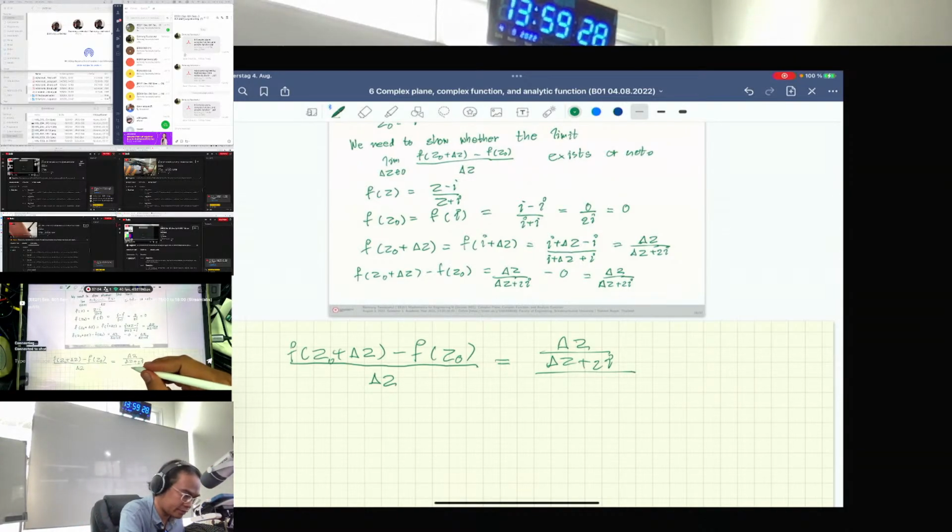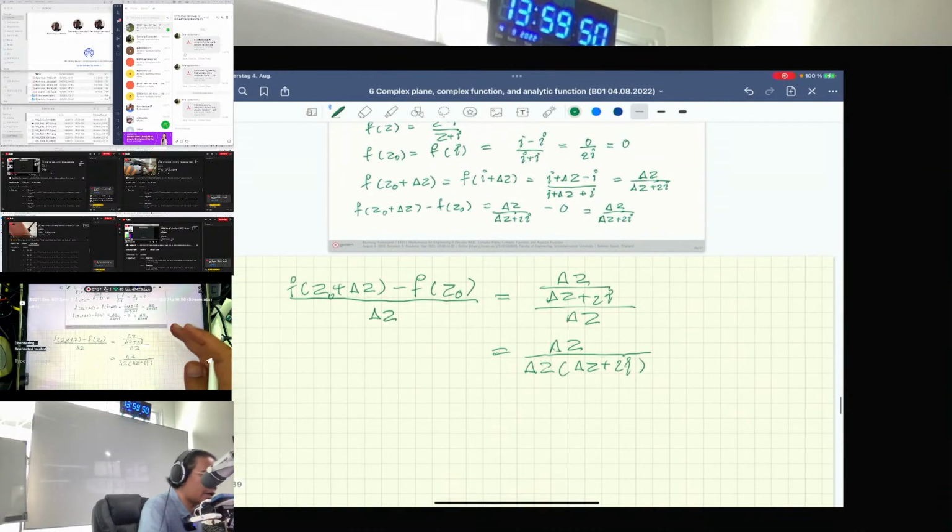Delta z. All right. So it will be delta z divided by delta z times delta z plus 2I. Okay, and you can cancel this term. So the result will be 1 by delta z plus 2I.